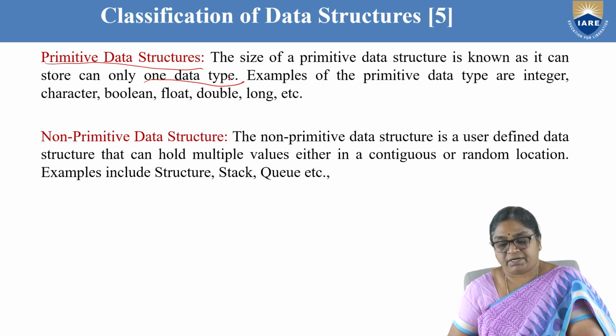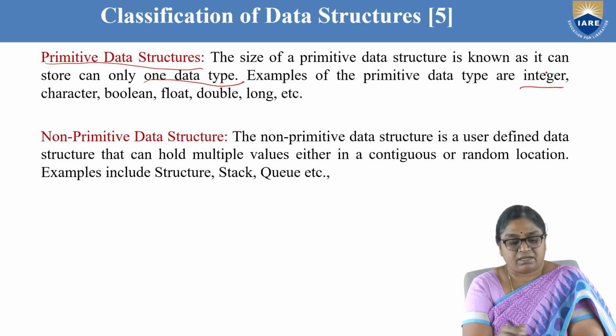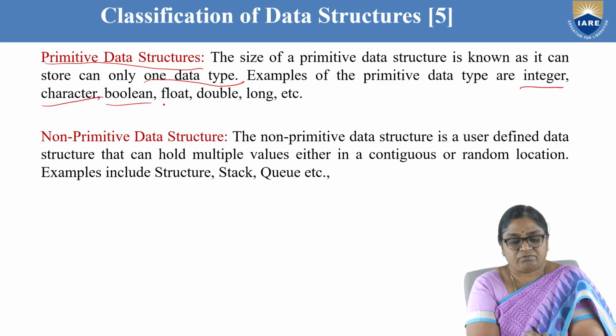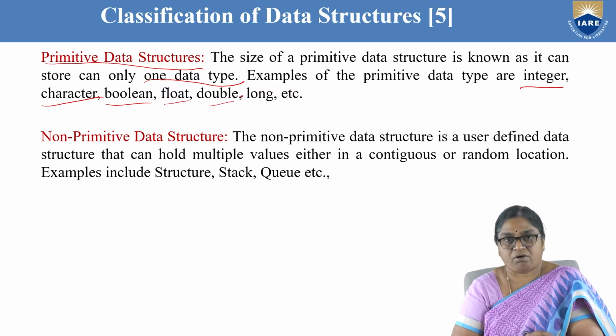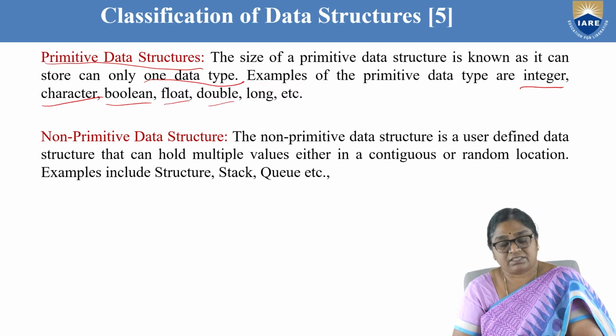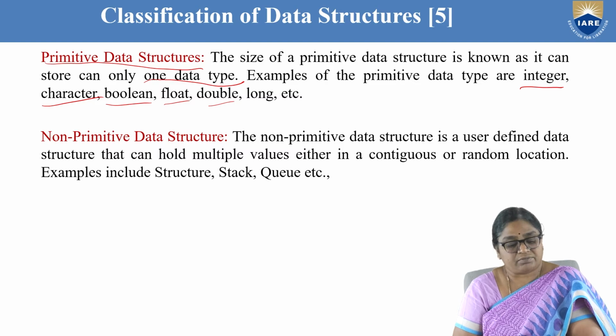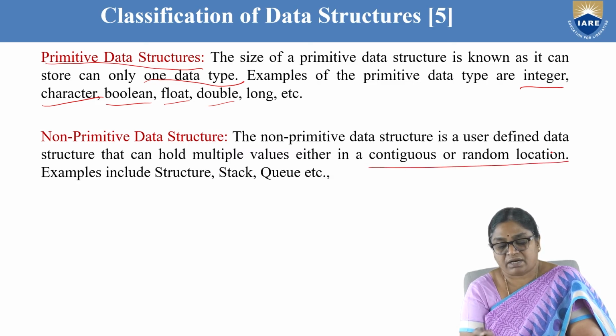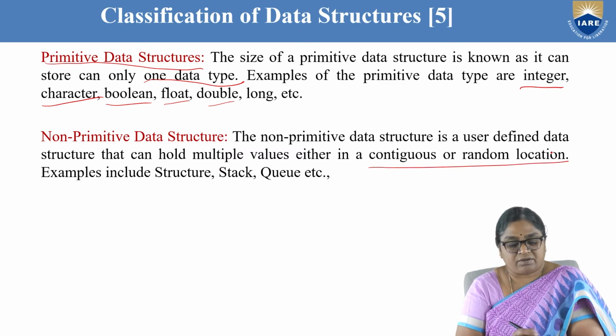Examples of primitive data types are integer, character, boolean, float, double, long, etc., which we discussed in data types. Coming to non-primitive data structures, a non-primitive data structure is a user-defined data structure that can hold multiple values either in continuous or random locations. Examples: structure, stack, queue, etc.